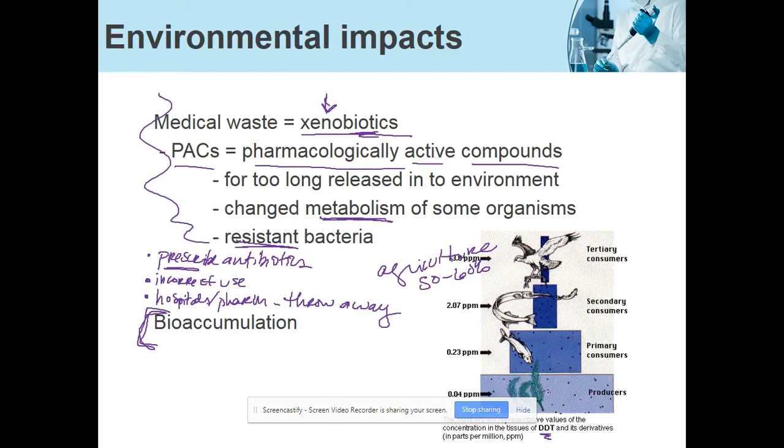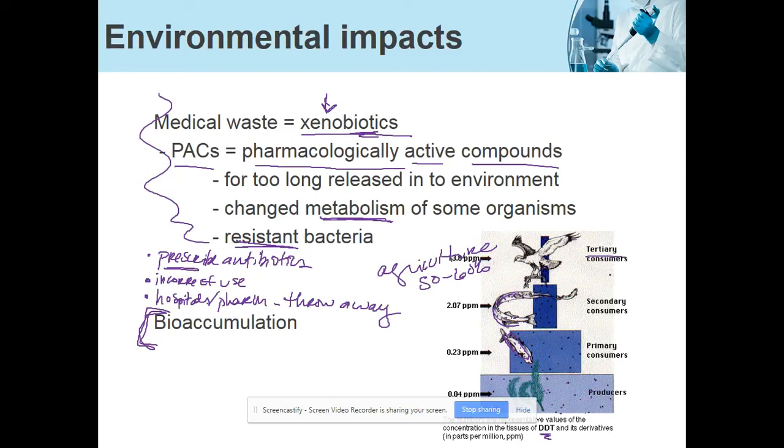And so these medicines, these xenobiotics that are in the environment are going to accumulate in the primary consumer. And then, of course, the secondary consumer, this guy doesn't just eat one fish in his lifetime. He eats a lot of them. And so all of the stuff that's accumulated in this fish is going to accumulate in this one. All of the fish that he eats, he's going to get.